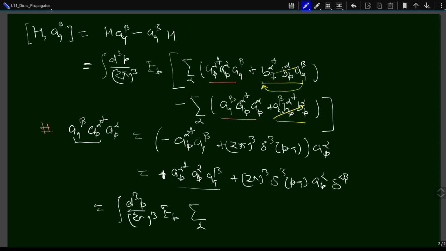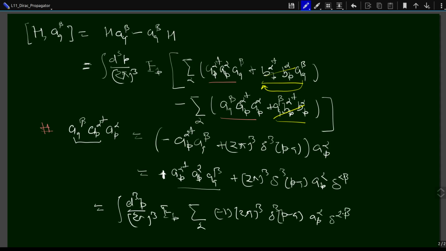Because this is an anti-commutator, it has a three-dimensional delta function and delta alpha beta also. So things will cancel out, this one and this one, and I have minus 1 times (2 pi)^3 q delta^3(p minus q) a_p alpha delta alpha beta.